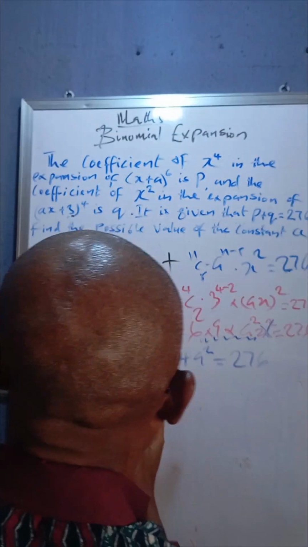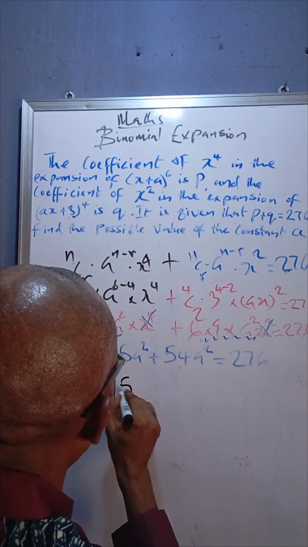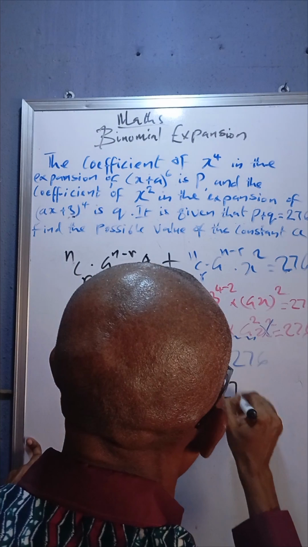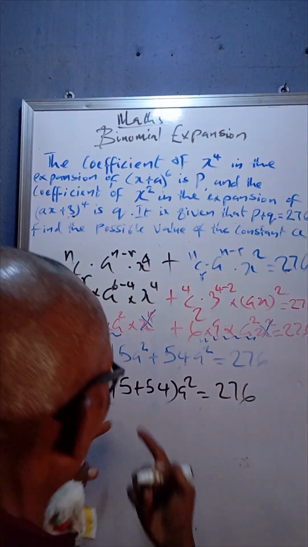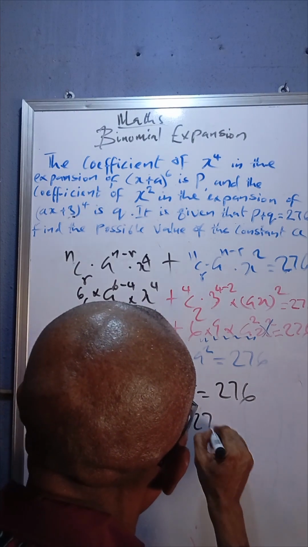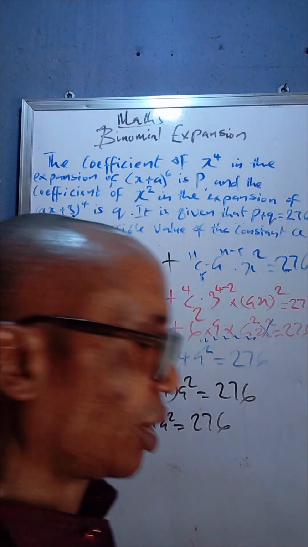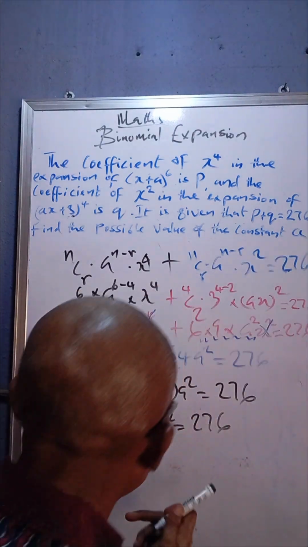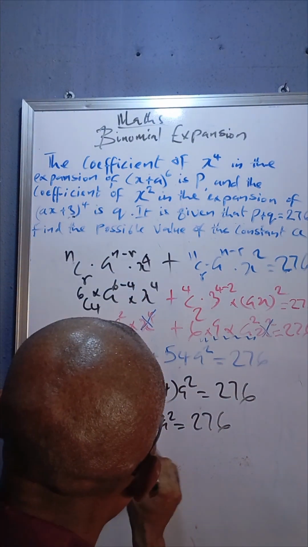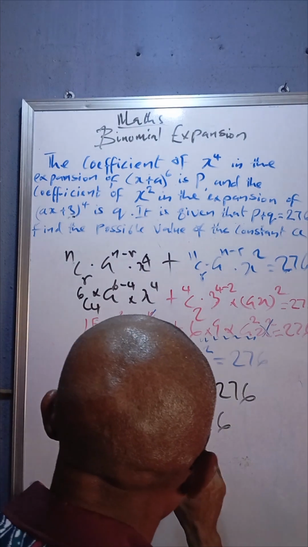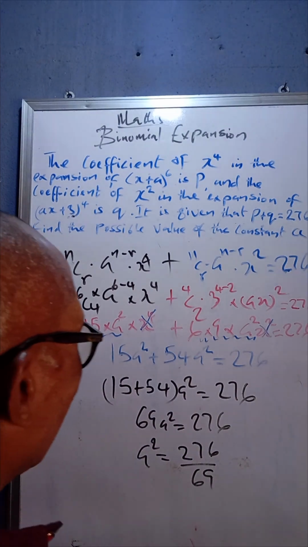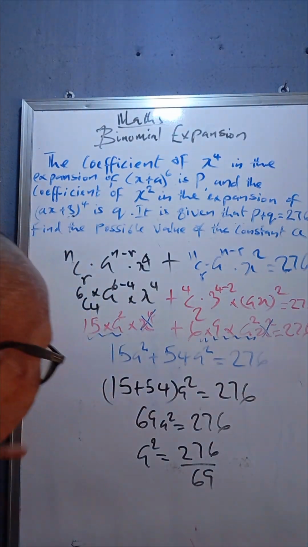So we have 15 plus 54, times a squared, equals 276. 15 plus 54 is 69. So a squared equals 276 divided by 69.